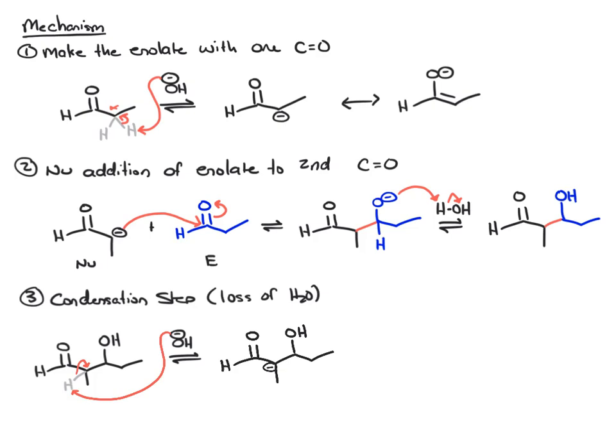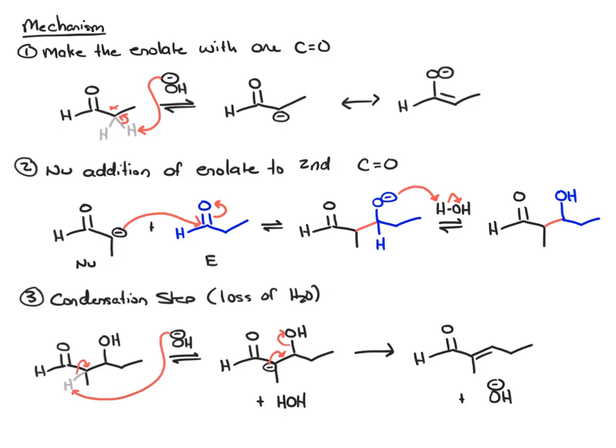So now we have that negative charge, but in this case, we have this nearby leaving group, the OH, and this negative charge can come over here to form the pi bond, and then you lose the OH. So the net result is, I should have put the water formed in this step.